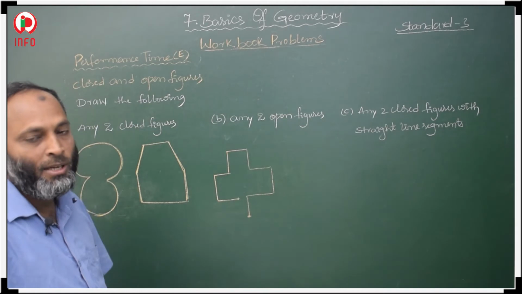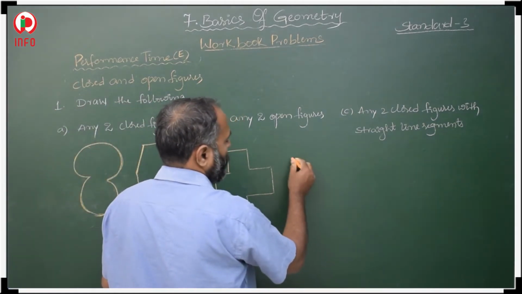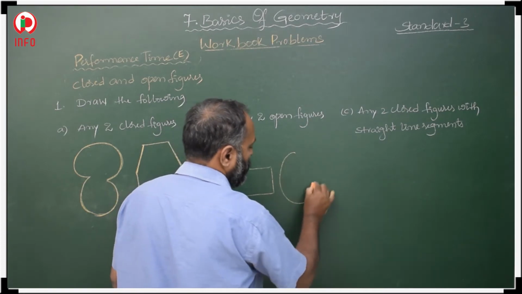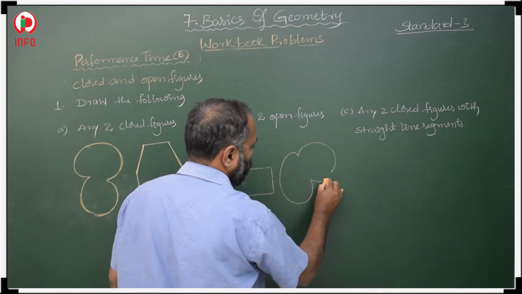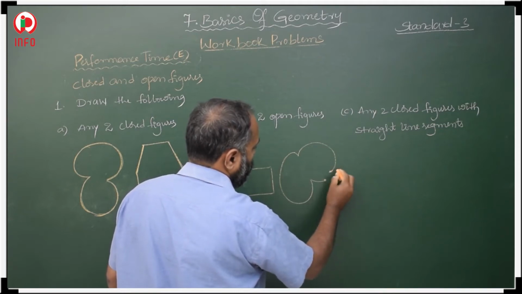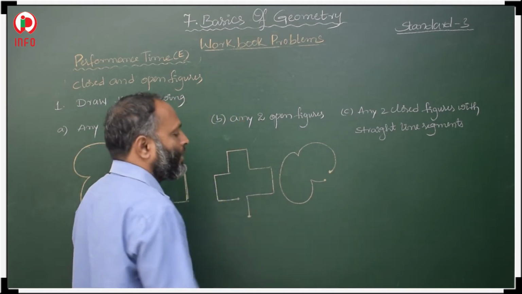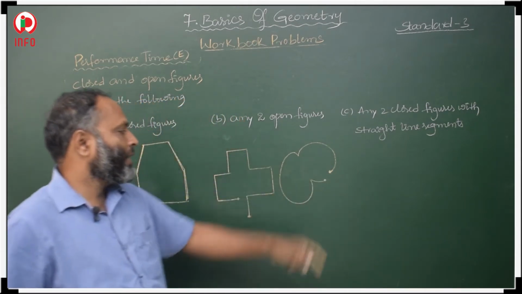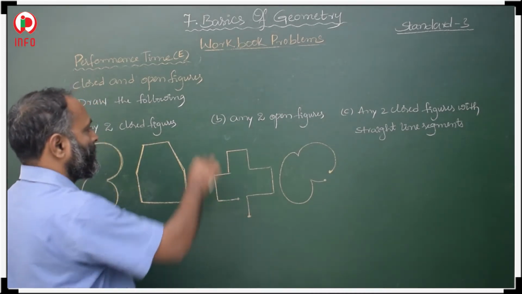So these are open figures. Then one more open figure with a curved surface. This is an open figure, this is an open figure. The starting point and the end point are not the same, so this is an open figure, okay.